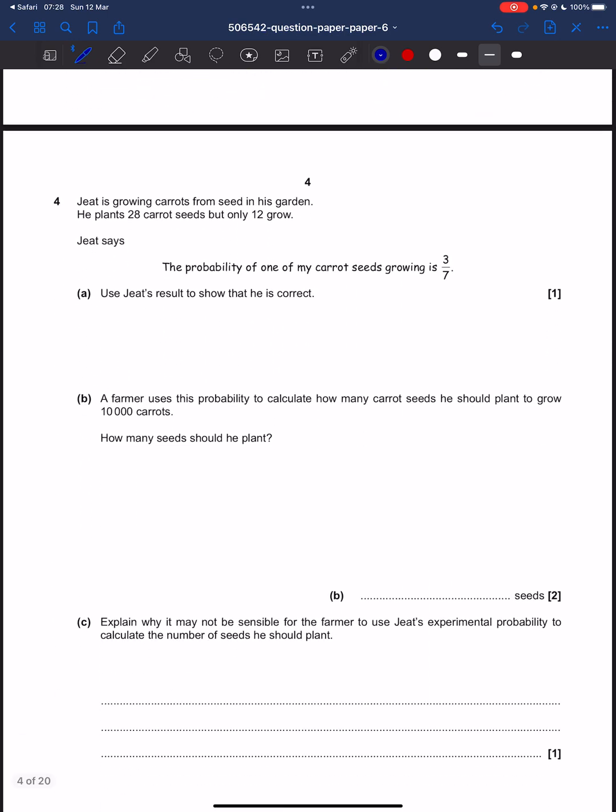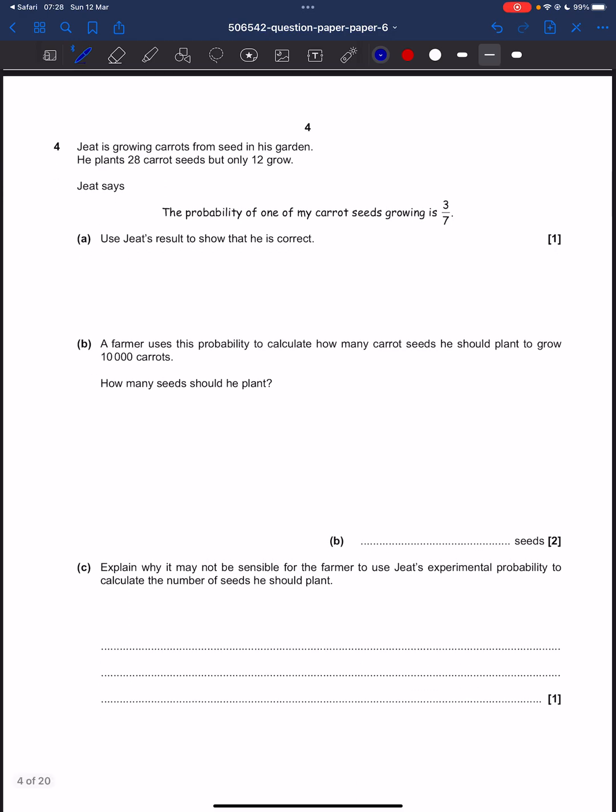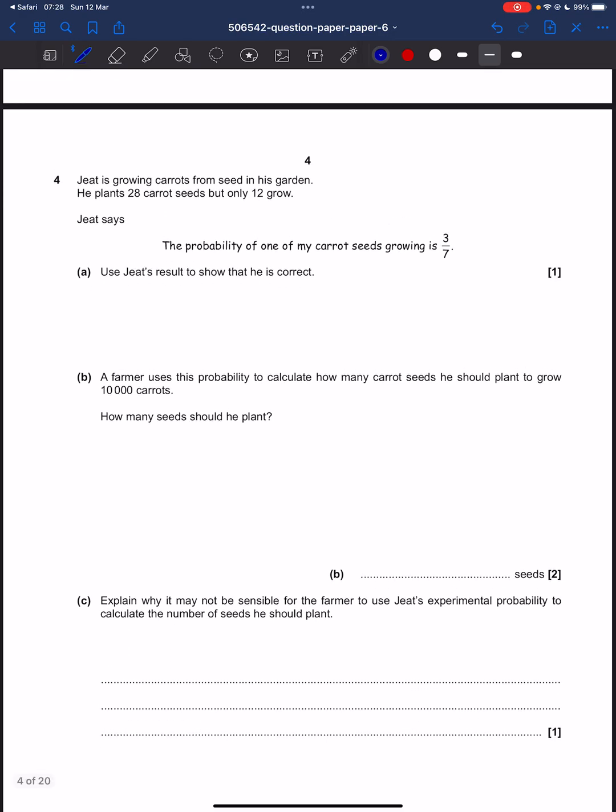Jeet is growing carrots from seed in his garden. He plants 28, but only 12 grow. Jeet says the probability of one of my carrot seeds growing is 3/7. Show that he's correct. So the probability of growth is 12 out of 28, and this cancels down.